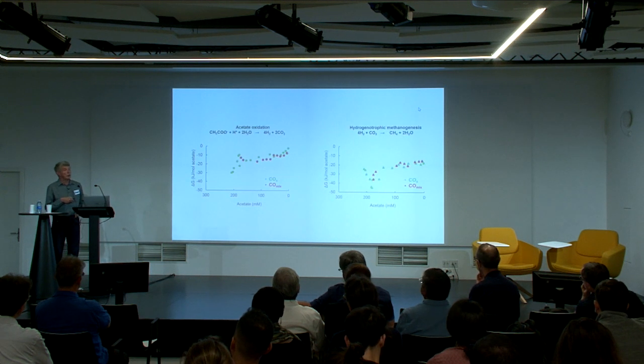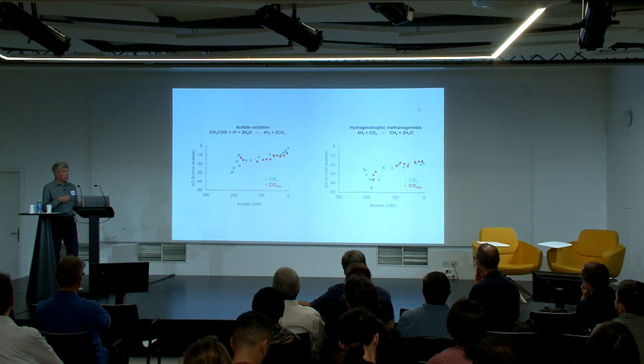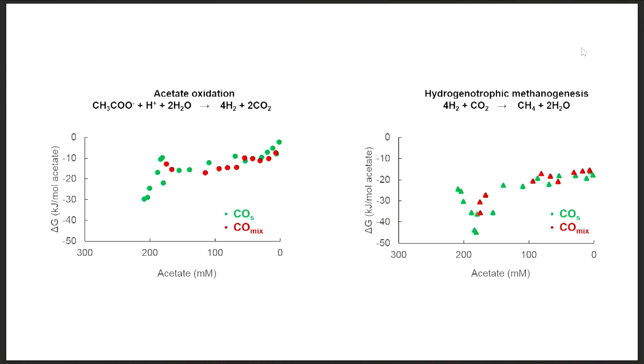And if you calculate the delta G values for those co-cultures based on the hydrogen concentrations that they measure, you can see that it's basically a rather constant value. And this is the value for the acetate oxidizer, so that's about 10 to 12 kilojoule per reaction. And for the methanogen, it's slightly more, it's -20. And it's also basically a fairly constant value.